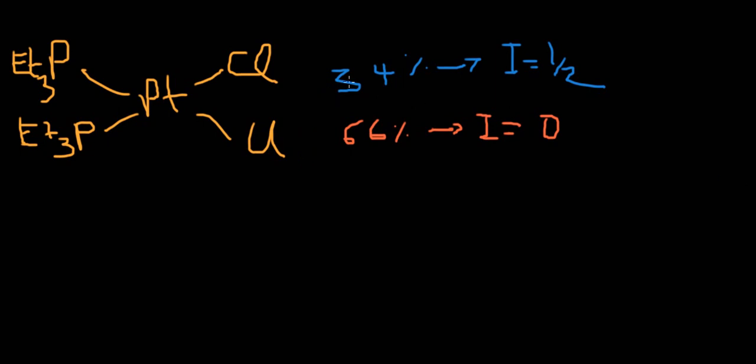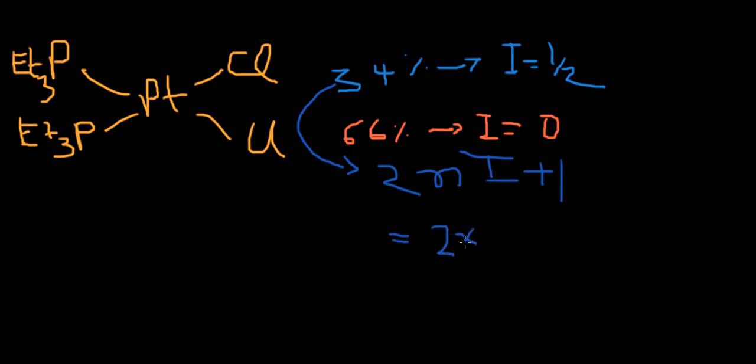The number of peaks is 2nI plus 1. So here 2 into n equals 1, because there is one platinum atom.